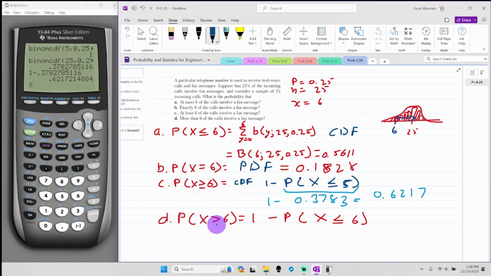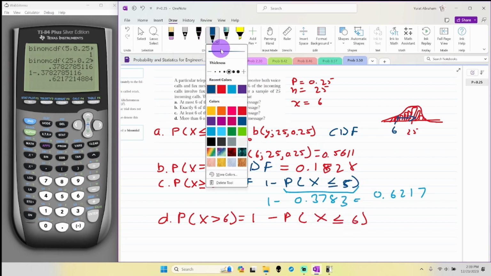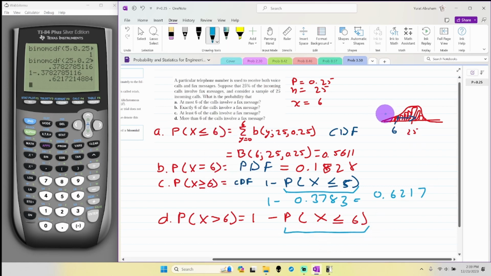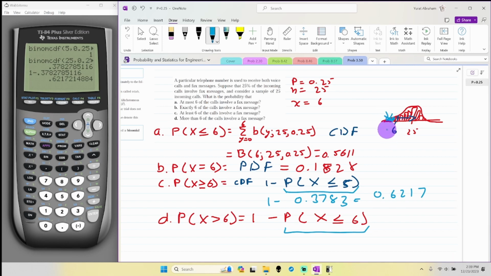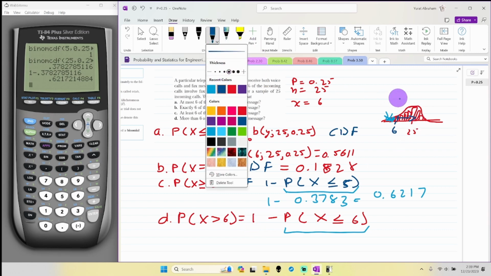So in that case, notice there's no equal sign compared to the one before it. So this one, we're going to be doing almost the same thing, but in this case, we're going to be using the actual 6, and doing 1 minus. Because this part right here is going to give us this shading area here, and doing the 1 minus will give us the other side.